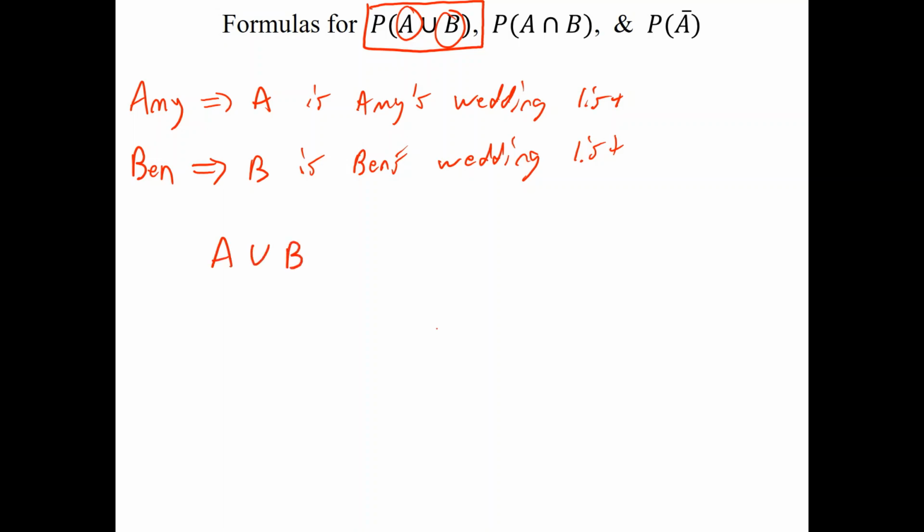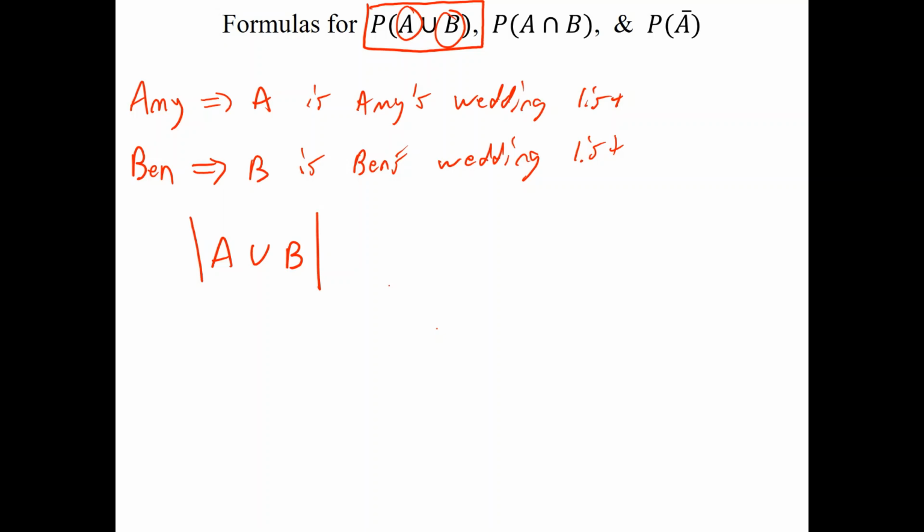Well, remember what union means, or what OR means. You just take both lists and dump them into a longer list. So basically, this is the entire wedding list, all the people that are invited to the wedding. Every person that Amy is inviting and every person that Ben's inviting is all on this one big master list. And now my question is, how many things are on this list?